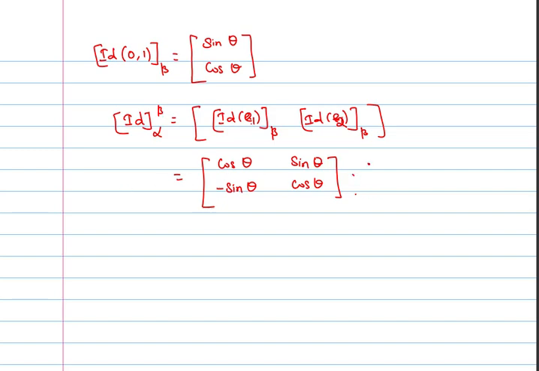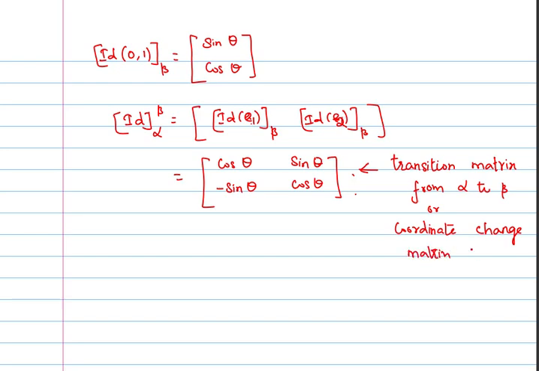This is the transition matrix. So the transition matrix, clearly we read, is the transition matrix from alpha to beta, or the coordinate change matrix from alpha to beta.